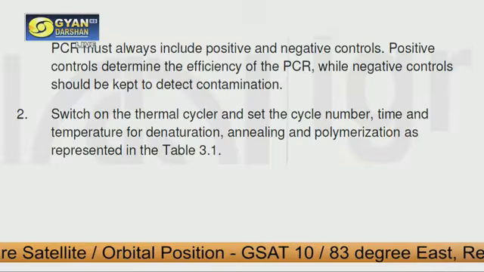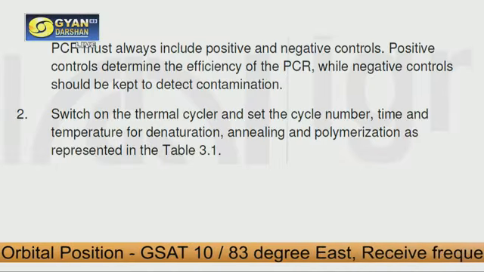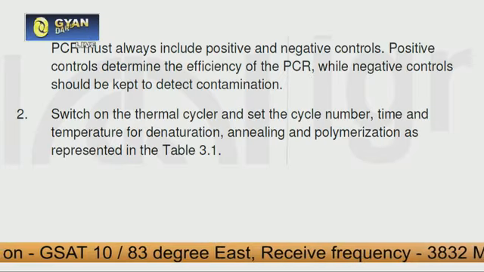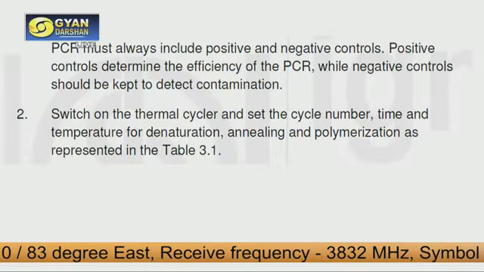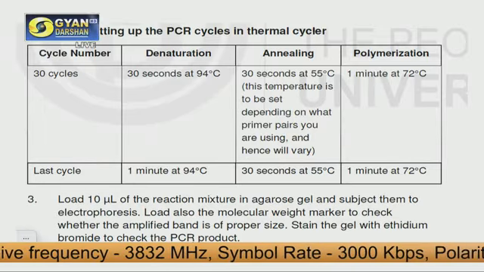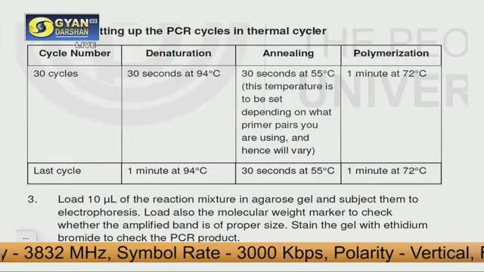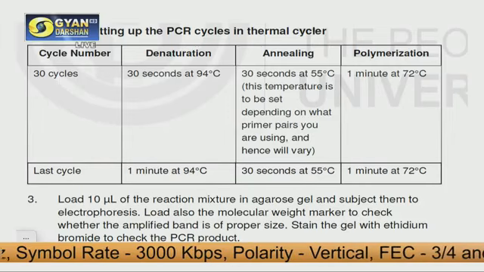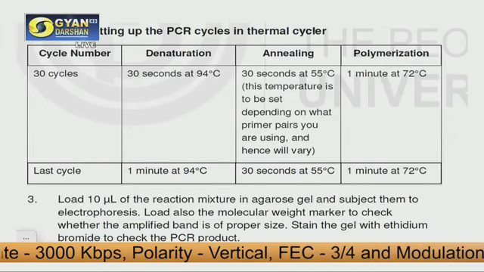So for this PCR, you need a particular machine that is called thermal cycler. And whatever we have discussed, the setting up of the PCR cycle, you have to program the machine. You have to program the thermal cycler.